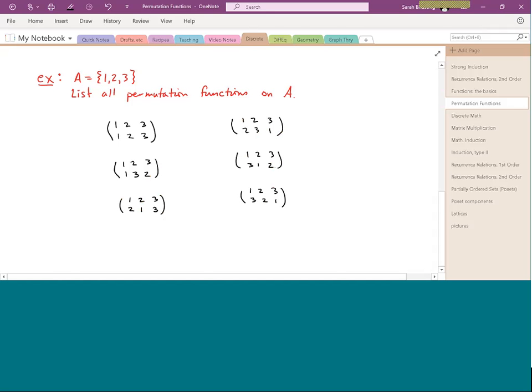Now, my claim was that this is all of the possible permutation functions when we're just dealing with the set 1, 2, 3. But you guys check it out. Does it look like we could actually rearrange those numbers 1, 2, 3 in any different way than what we've just written down there? Is there any possible way to rearrange the numbers 1 through 3 other than what we've just done?